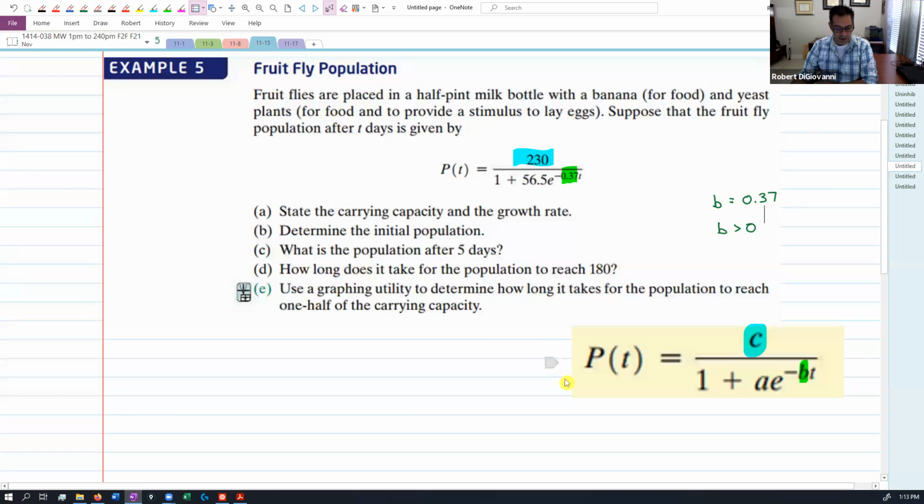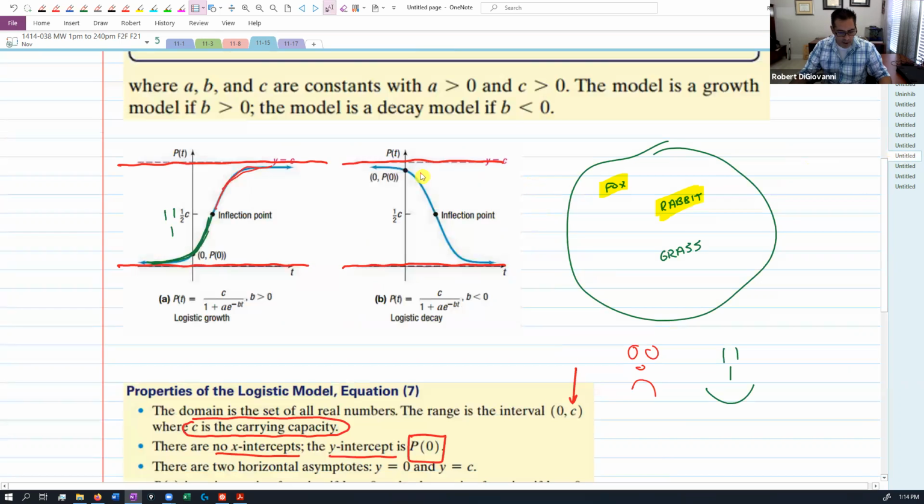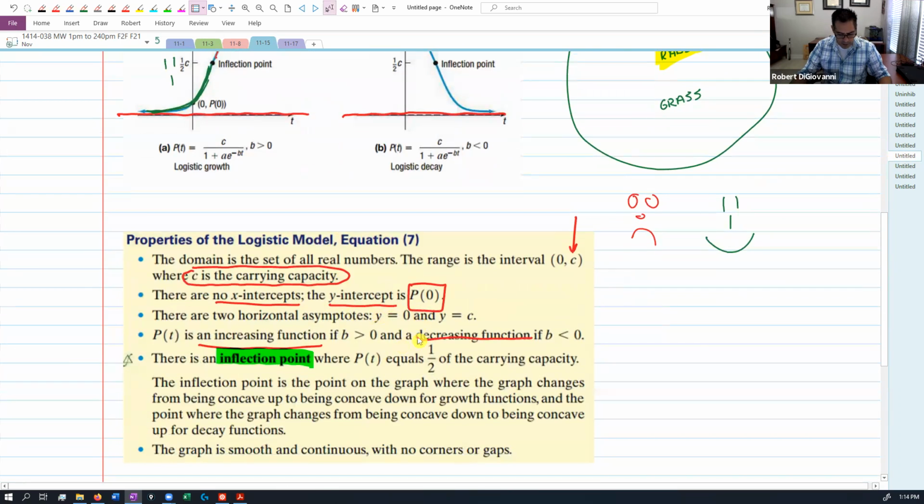Let's answer some questions here. So first part, state the carrying capacity. We've already done that, right? 230 fruit flies. And the growth rate. The growth rate is the B. All right. So I think I failed to say that here. Growth rate.